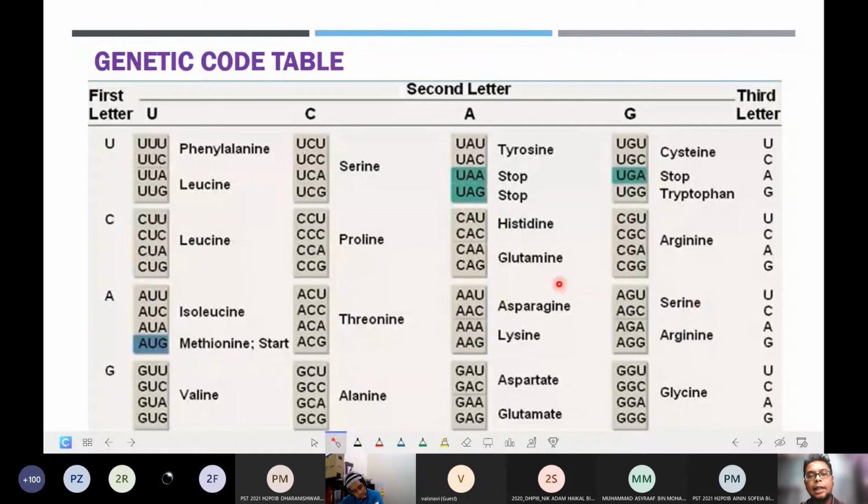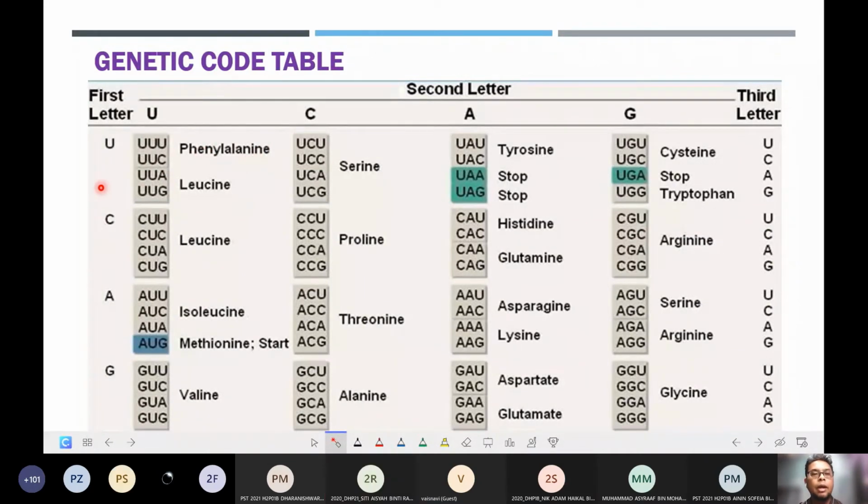This is a genetic code table, in which we can see that the combination of three types of nitrogenous bases can create a particular type of codon, and this will code for a particular type of amino acid.